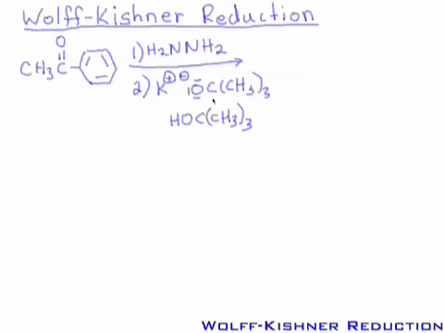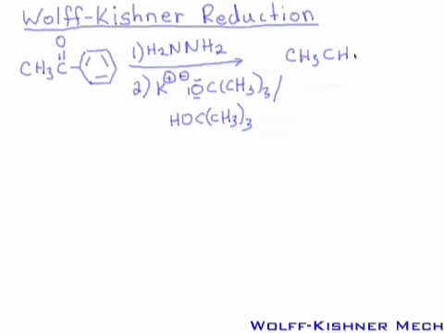So if you want to use tert-butoxide, you pick the conjugate acid, because if the tert-butoxide deprotonates tert-butyl alcohol, you get back tert-butoxide. You always have tert-butoxide present. So we always choose a solvent that is the conjugate acid of the base we're using. Now in this case it doesn't matter because it's just acting as base. And if you complete this process, the Wolff-Kishner reduction, as expected, will reduce you to the hydrocarbon.